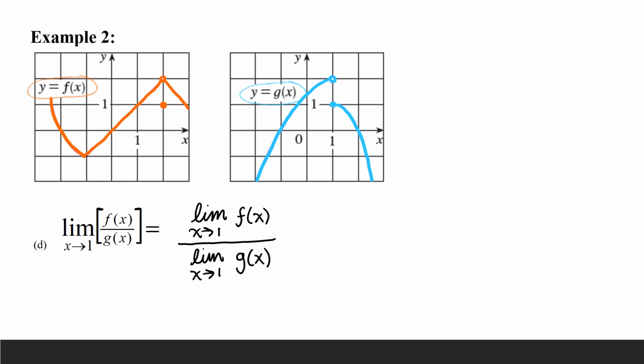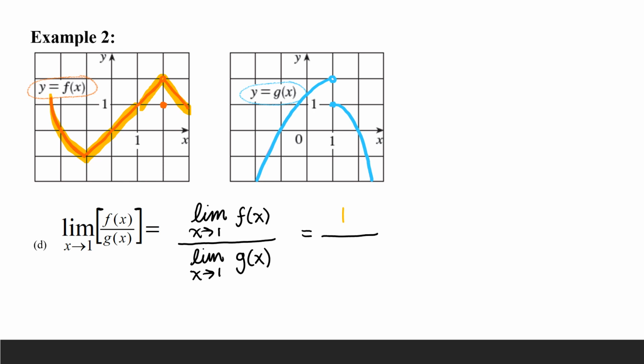So now we can evaluate the limit of each function before dividing them. Let's take a look. The limit as x approaches 1 of f of x, if we take our right and left hand limits as x is approaching 1, f of x is coincidentally also approaching 1.